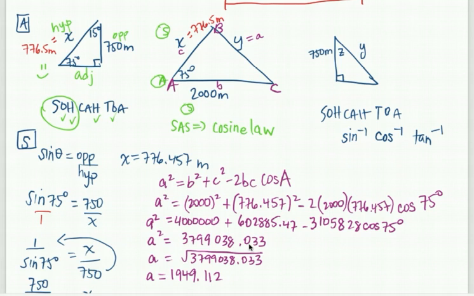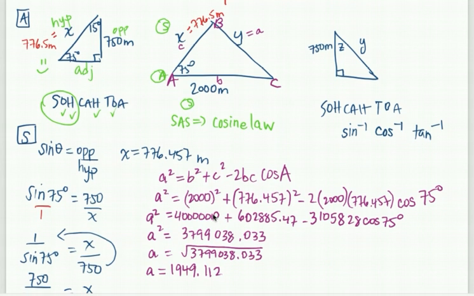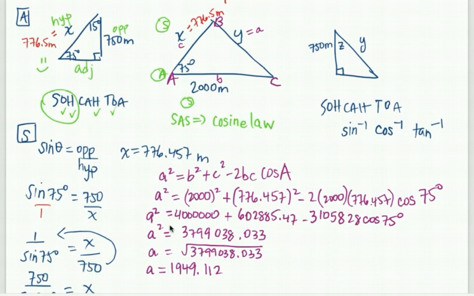Okay, so I went through, plugged everything in. There's B, there's C, B times C, and then cosine A. And then just carefully went through and calculated it out, okay, and then combined it, and then you should get this number once you calculate all this out. All right, and then from there, we're going to move this square over this way to solve it. And when you do that, it becomes a square root, and then you get this value for A here.